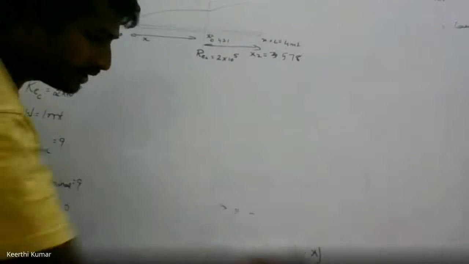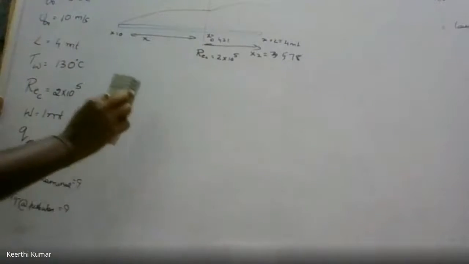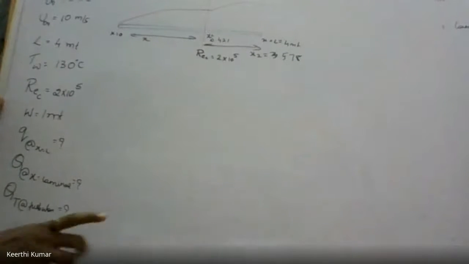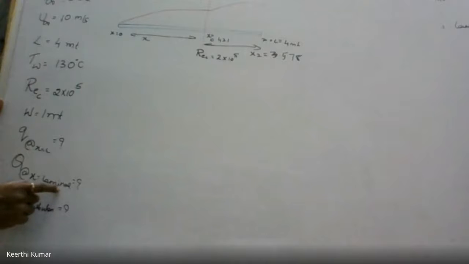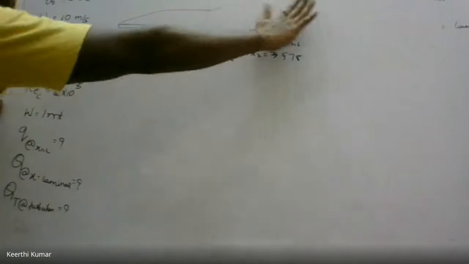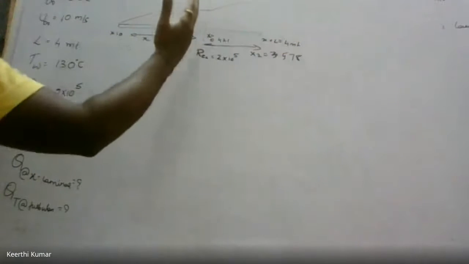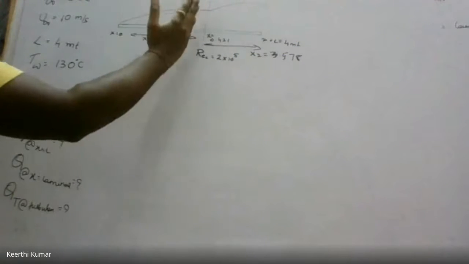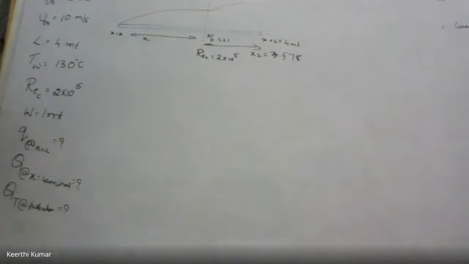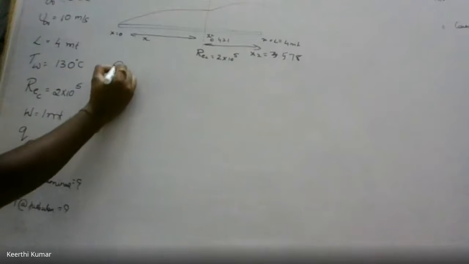I'll go for the cases now. Now, let us try to solve everything. Let us try to solve the value of Q, capital Q, for the laminar region. Let us consider this plate, the turbulent region is not at all there. Only the plate till the laminar region. He is asking you to find out the laminar Q. So how to go for that? What is the general formula for Q?